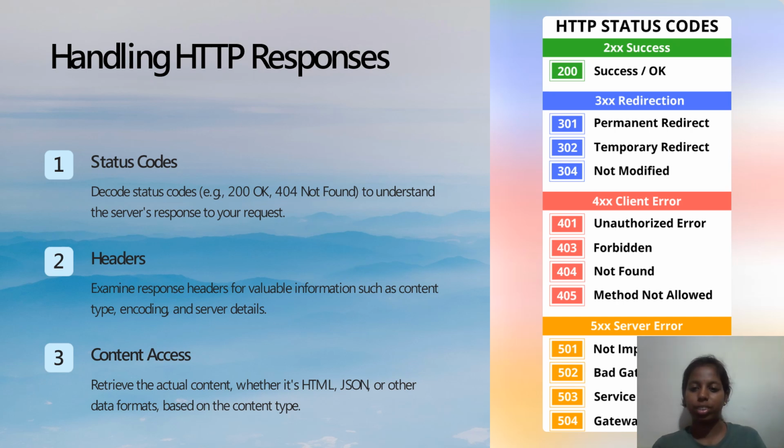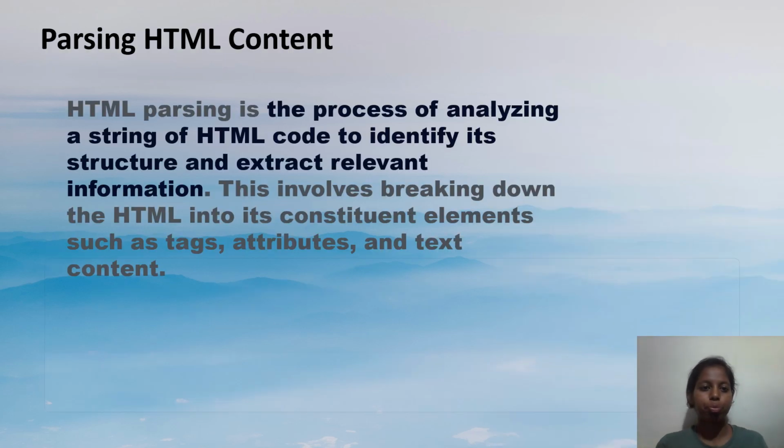In the 400s, 401 is unauthorized error, 403 is forbidden error, 404 is not found, and 405 is method not allowed. Like this, we have many response codes to handle in Python.